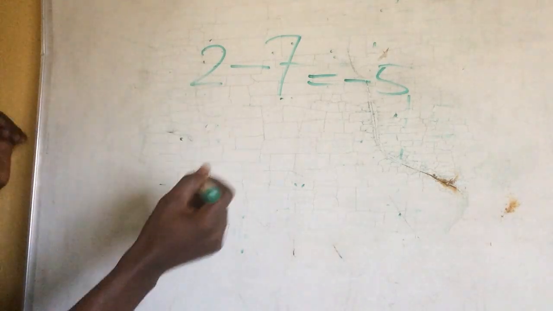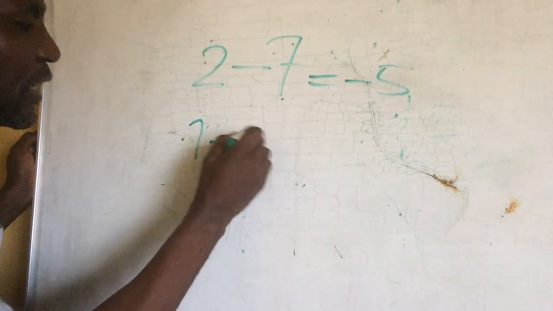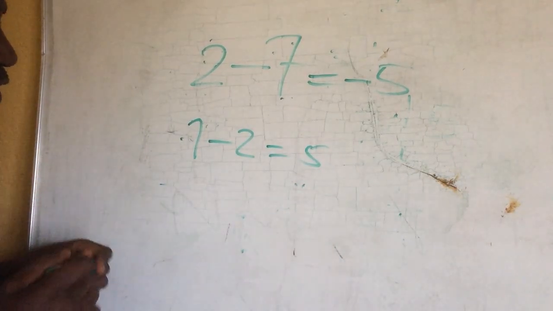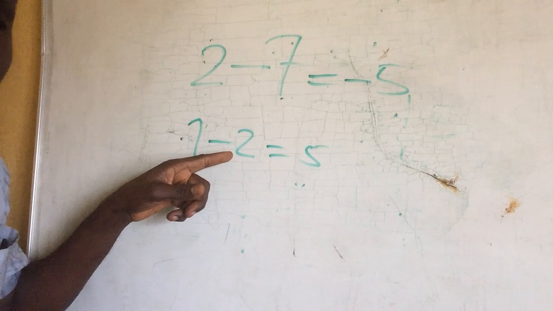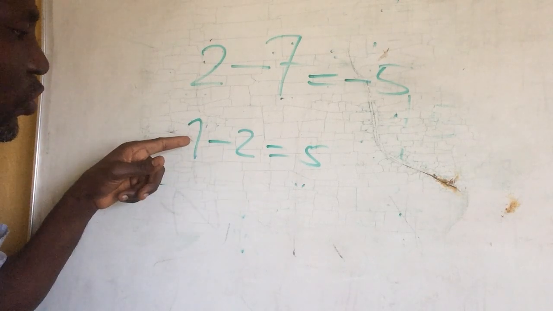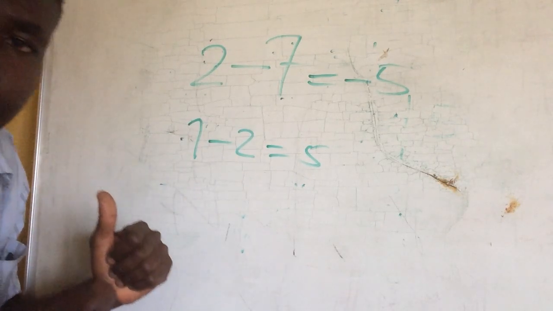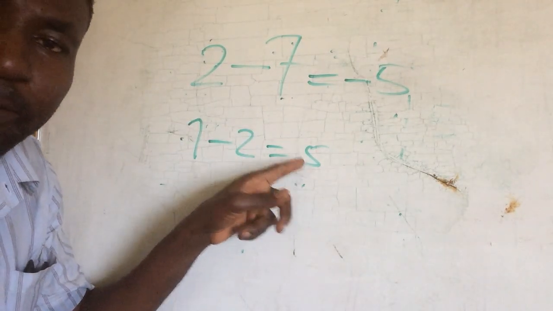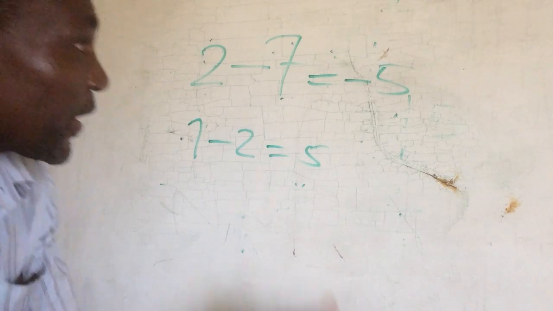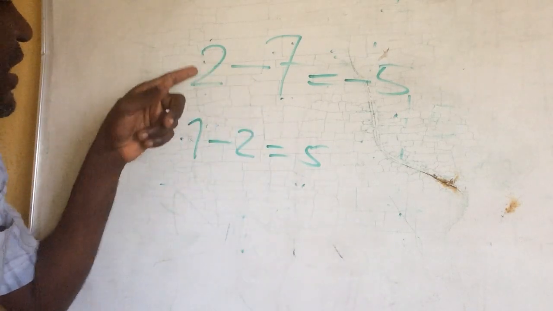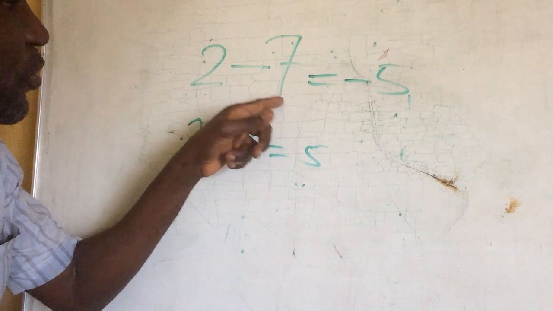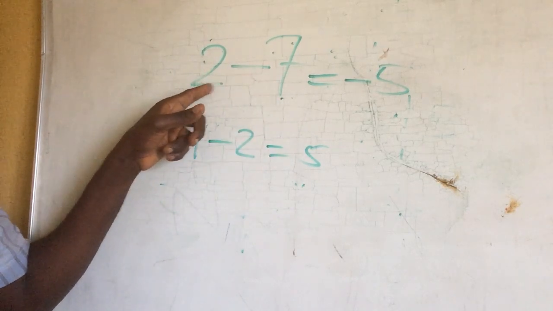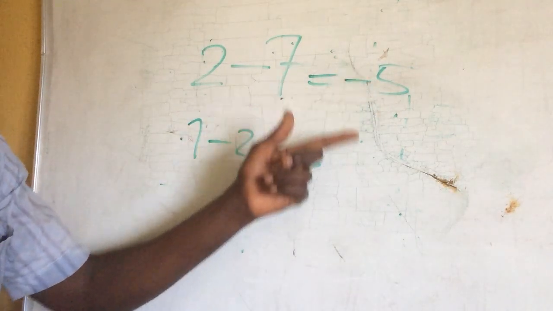Just like now we have 7 minus 2. 7 minus 2, the answer is 5, because this hungry 2 needs 2 from 7 to be okay. So it has collected the 2, the 5 food is still remaining. Here in the other way, the 7 hungry men need food. So the 2 here will take the 2, it will still remain minus 5.